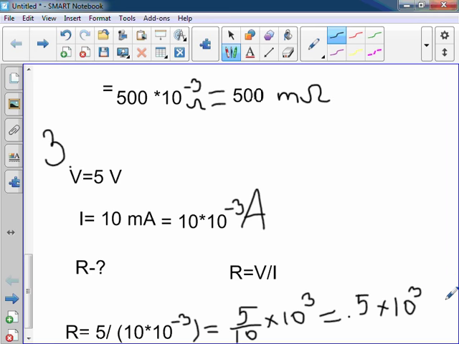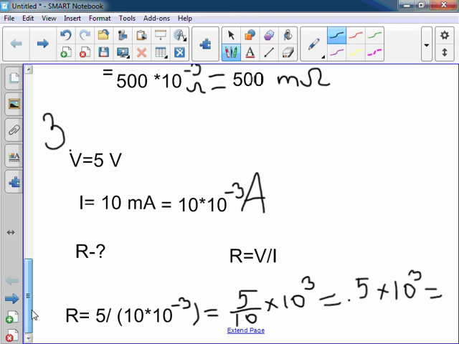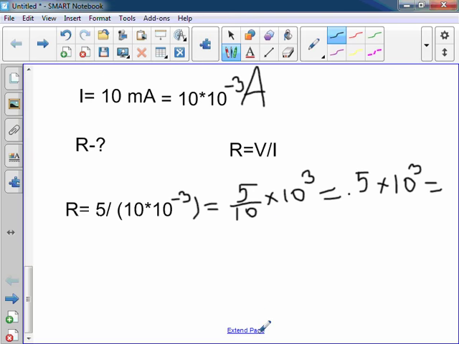What I'm going to do instead of converting right now is just plain multiplying it by 10 to the third. 10 to the third is 1,000. So half of 1,000 is 500. So I'm going to end up with 500 ohms. And that is my final answer.